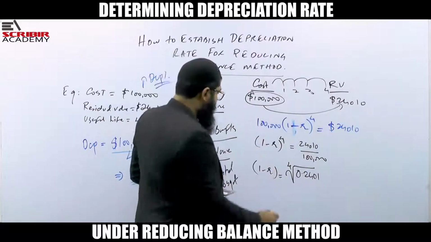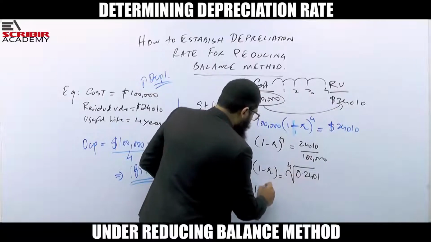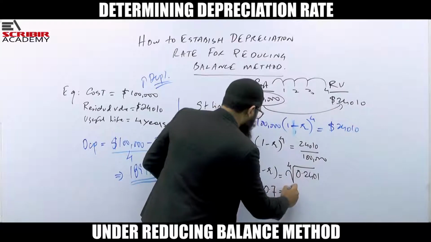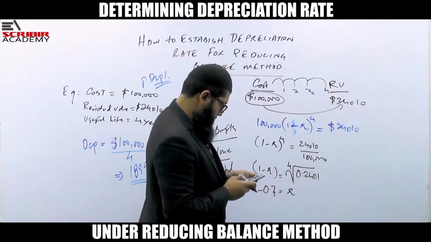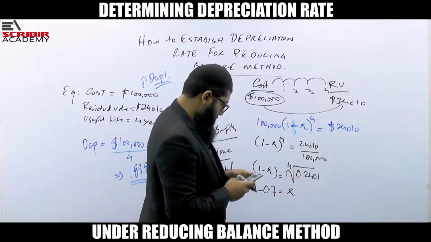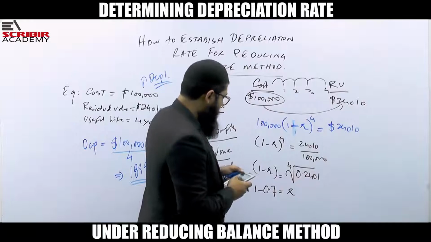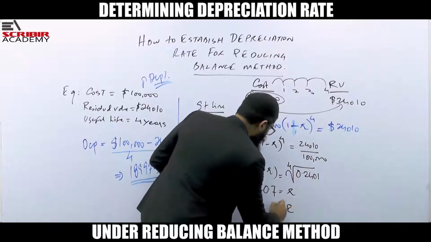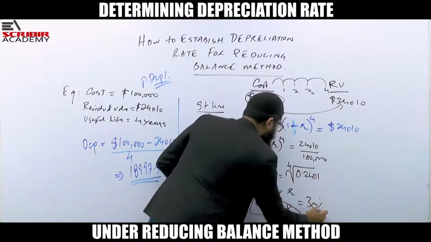And when we solve it, we end up getting 1 minus 0.7 is equivalent to r. This is the answer. So r is going to be 0.3, or the other way around, you could say r is going to be 30%.